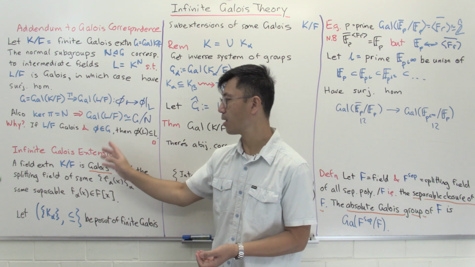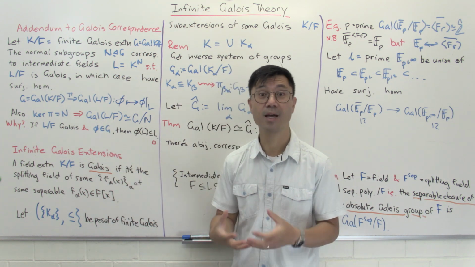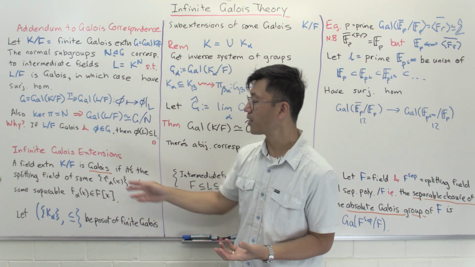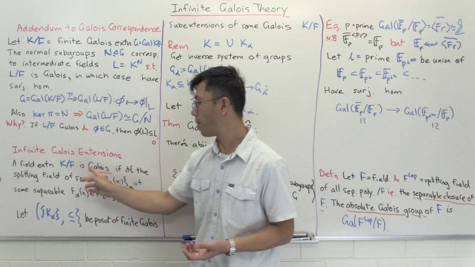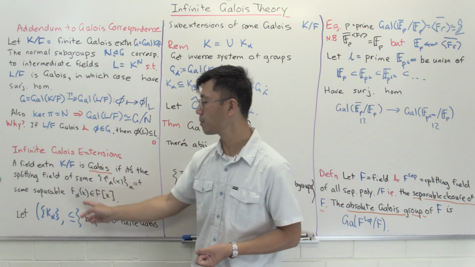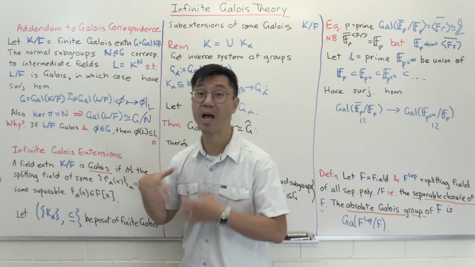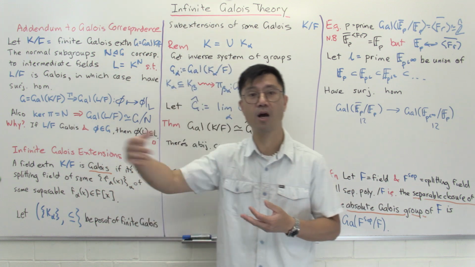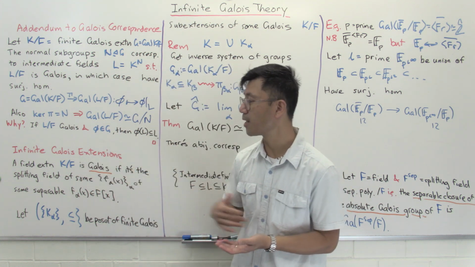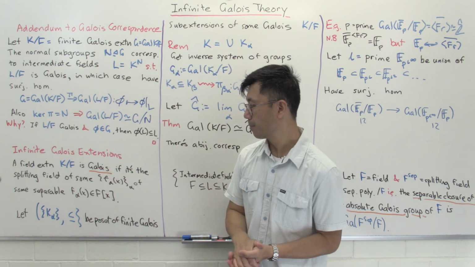So that's the definition of Galois in this infinite case. Note that with this infinite extension, it's still generated by roots of polynomials, and hence it's still an algebraic extension. Galois theory doesn't look at the case where you have transcendental extensions.